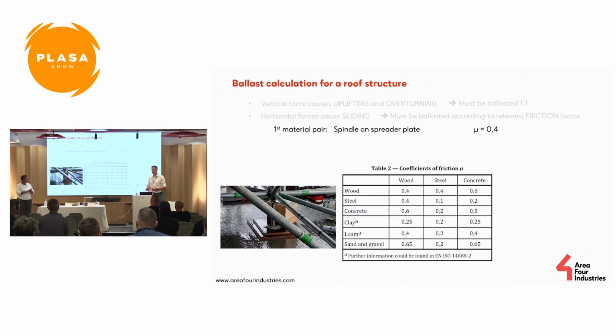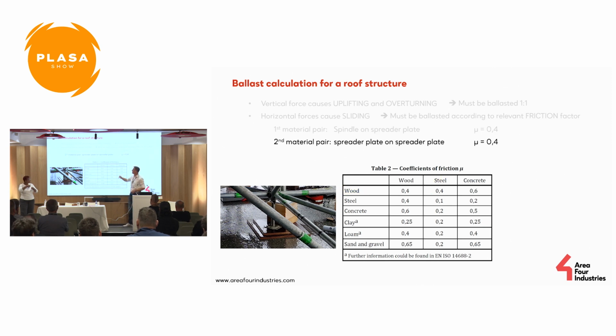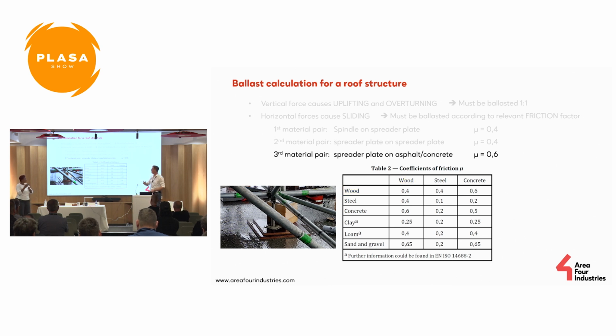That means when we now have to look at how much force we have to apply vertically to counteract the horizontal acting force, we first have to look at the first material pair, which is between the spindle, which is made of steel, and the first plywood deck, and that is 0.4. The next one is between the two different wooden pads, and the last one is between the wood and the asphalt.